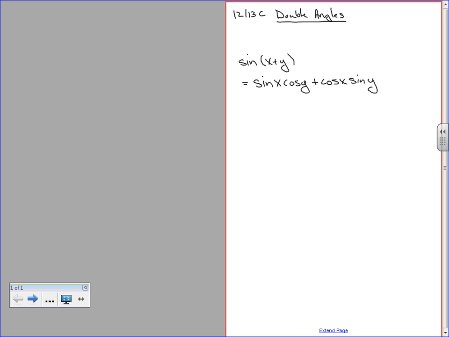Okay, so the sine of any angle added to another angle is equal to the sine of that first angle times the cosine of the second angle plus the cosine of the first angle times the sine of the second angle.